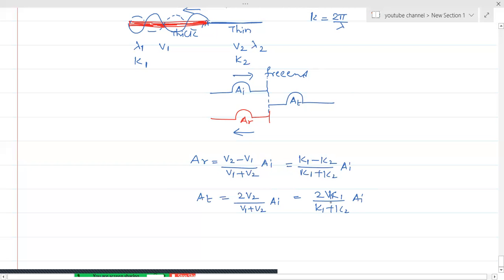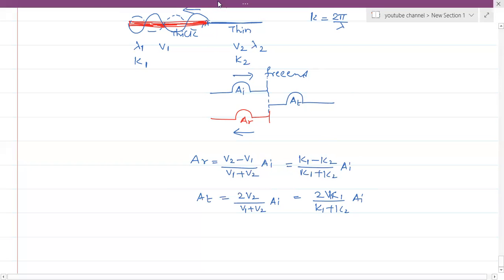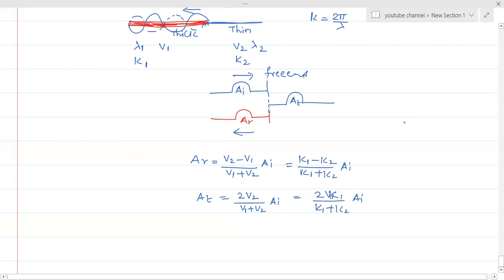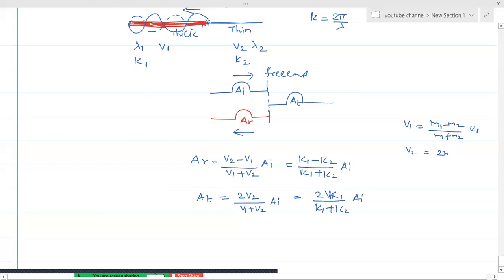So this formula we can easily remember by using the collision formulas. We already have V1 equivalent to (M1 minus M2) by (M1 plus M2) into U1, and V2 equivalent to 2M1 by (M1 plus M2) into U1, when U2 is equivalent to 0.